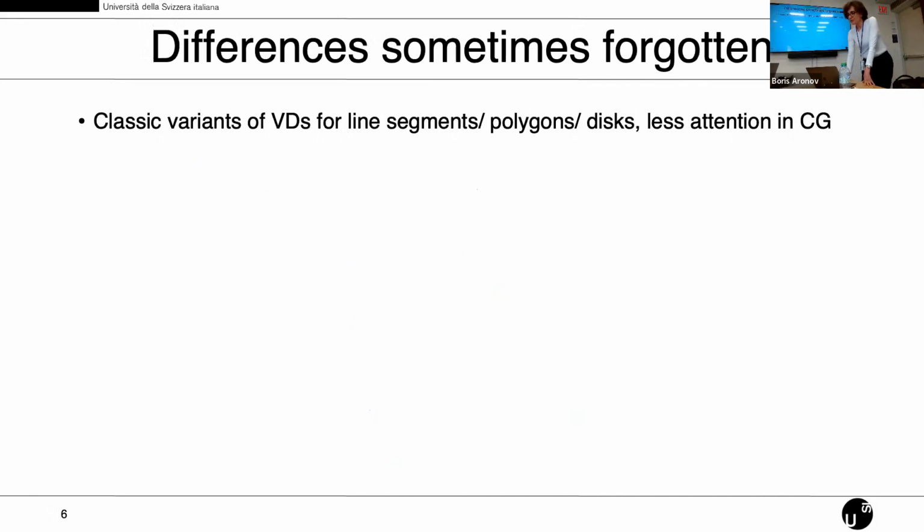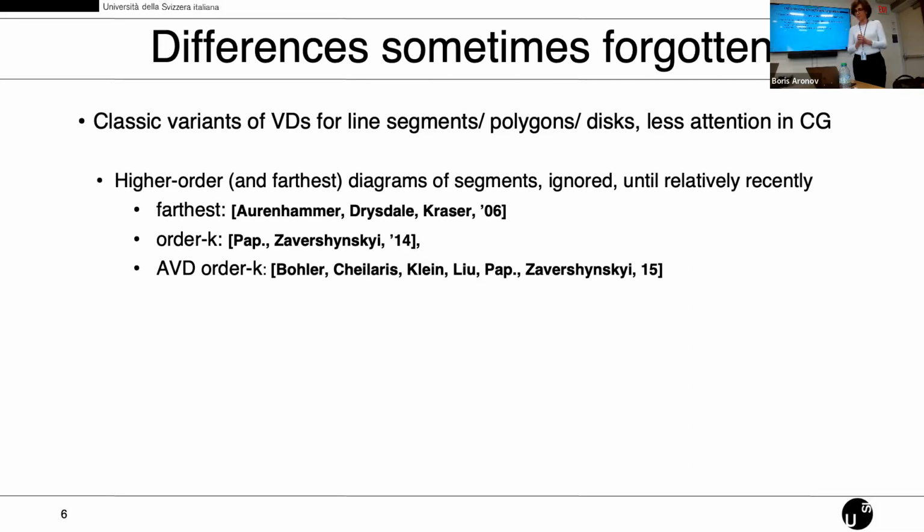Now, these differences are sometimes forgotten. Classic variants of Voronoi diagrams of line segments, polygons, and disks have received much less attention in computational geometry. For example, higher order and farthest Voronoi diagrams of segments have been ignored until relatively recently. It was only in 2006 that Aurenhammer, Drysdale, and Krasser looked at the farthest Voronoi diagram of segments.